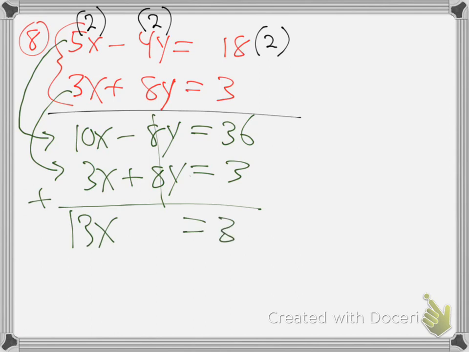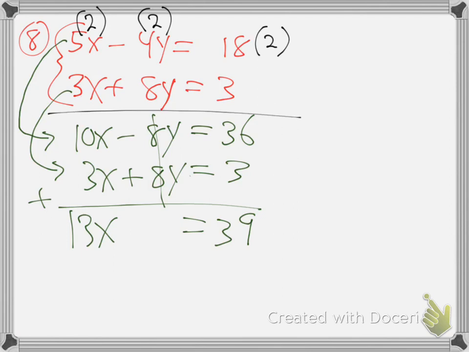These cancel. 39. Does everybody see what happened? So this is called the addition method where you add them. I just made these guys opposites and then just add straight up and down: 10 and 3, minus 8 and 8, 36 and 3.